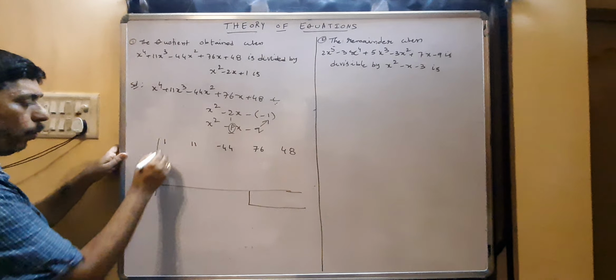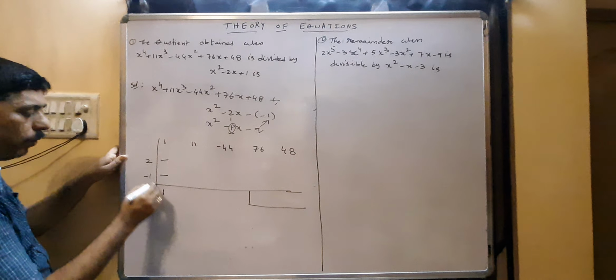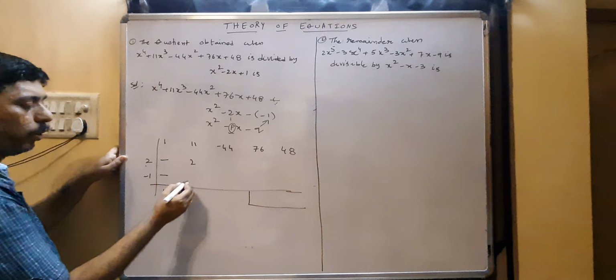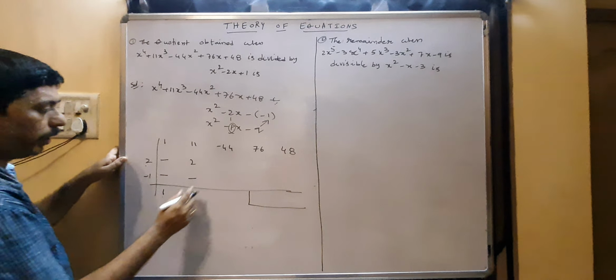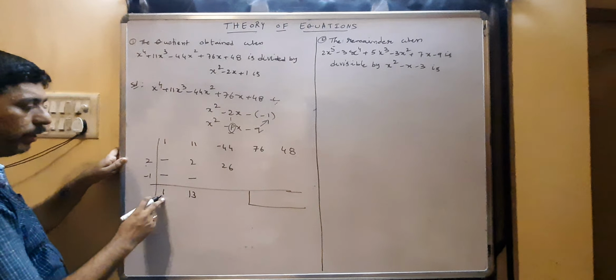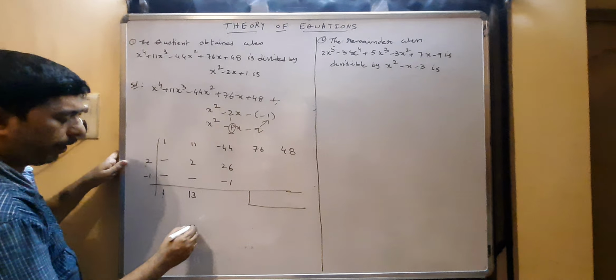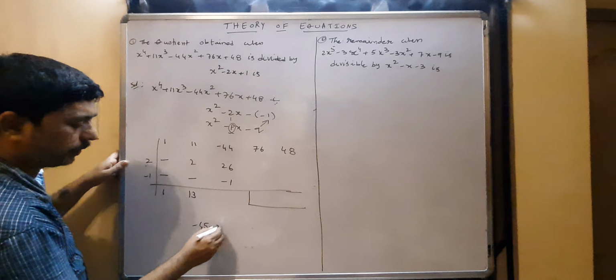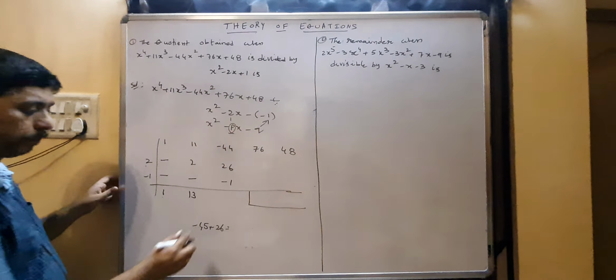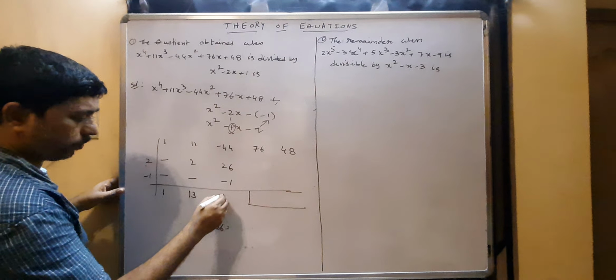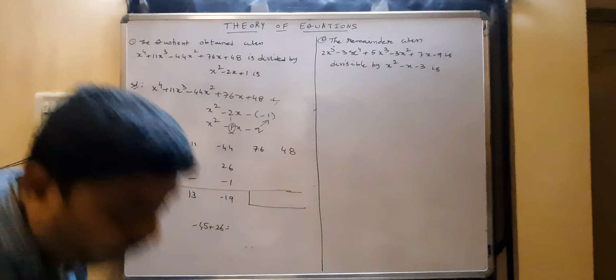Allot 0, 1 plus 0 plus 0 is 1. 2 into 1 is 2. Allot 0, 11 plus 2 is 13. 2 into 13 is 26, minus 1 into 1 is minus 1, minus 44 plus 26 minus 1 gives minus 19.